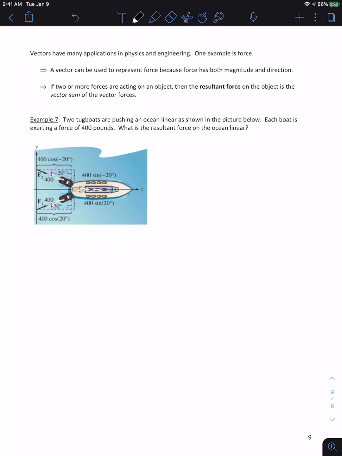So the key here is if 2 or more forces are acting on an object, then the resultant force of the object is the vector sum of the forces, right? So in other words, if I have a force 1 and a force 2 acting on an object, then the resultant force is going to be the sum, force 1 plus force 2, right?